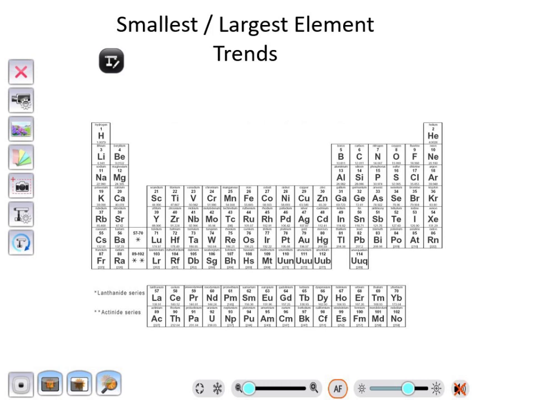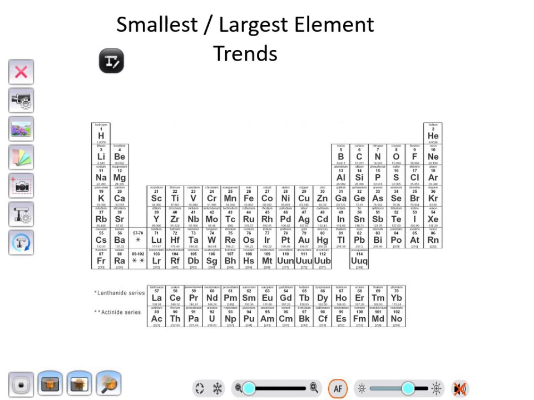Not the biggest, because also what happens as you go down? They get large. What happens to the energy levels as you go down? They increase. So if I get more and more energy levels, does that make the radius smaller or larger? So it'd have to be francium.